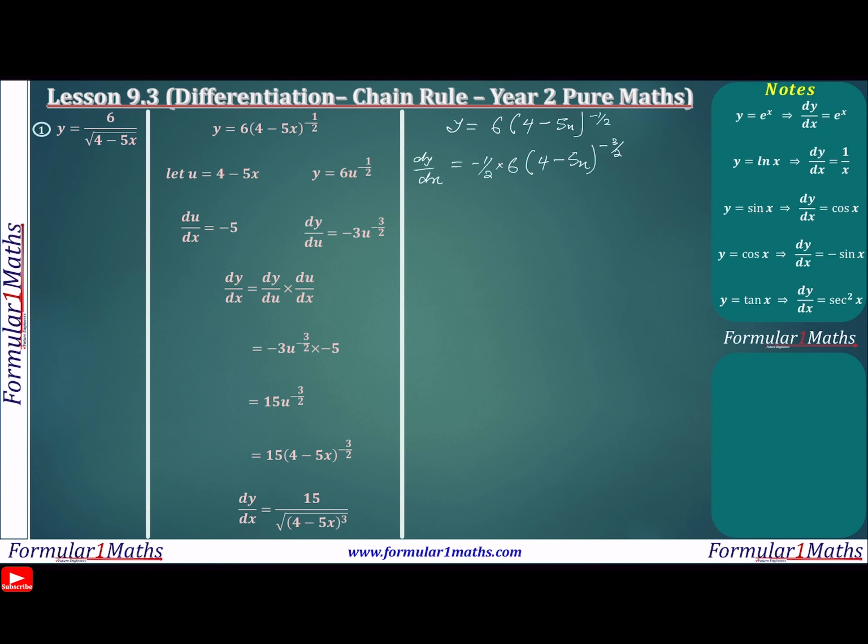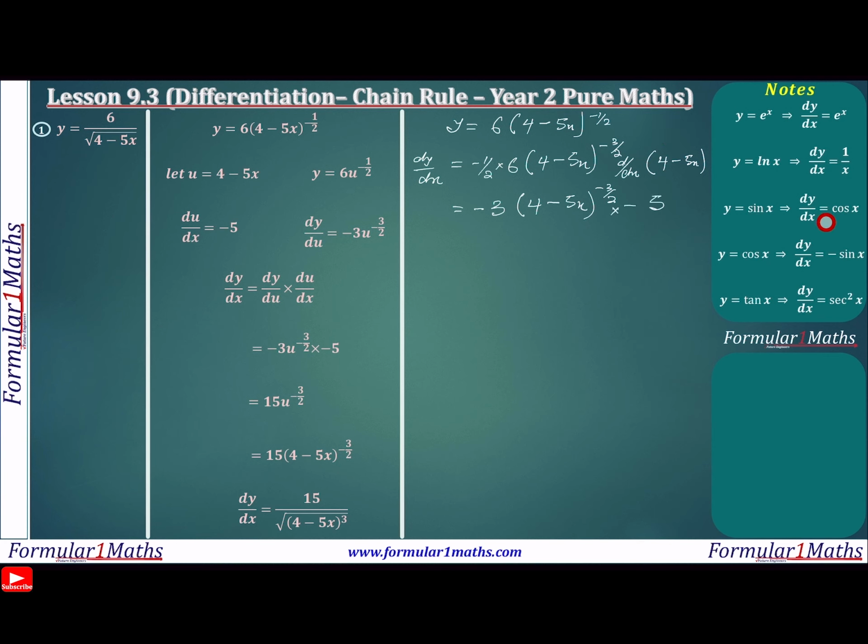Then to remind myself that I need to differentiate what is in the bracket, I can write this d dx of 4 minus 5x. Then minus half times 6 will be minus 3, and 4 minus 5x raised to the power minus 3 on 2. Then differentiate this, which will be minus 5.